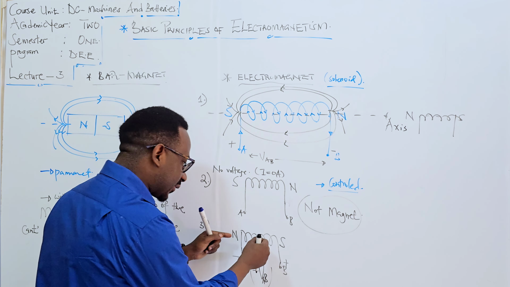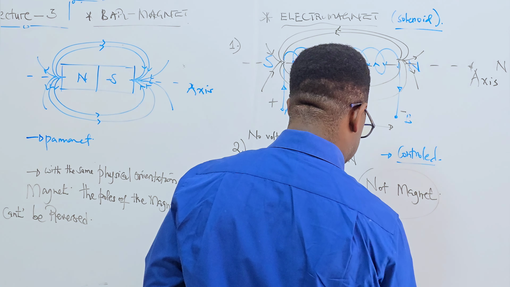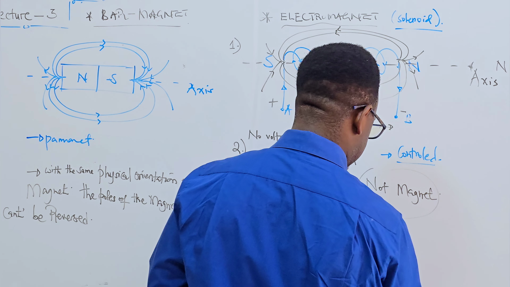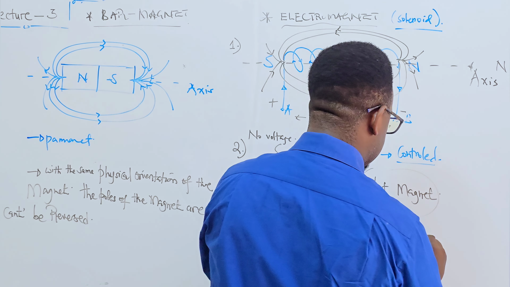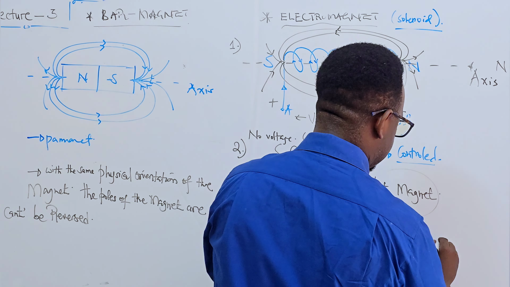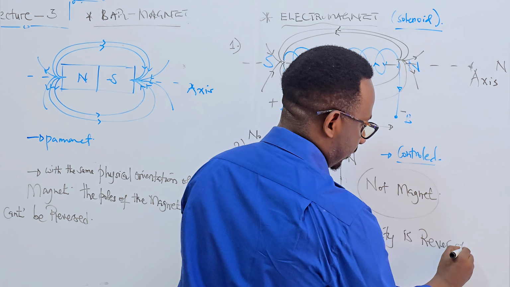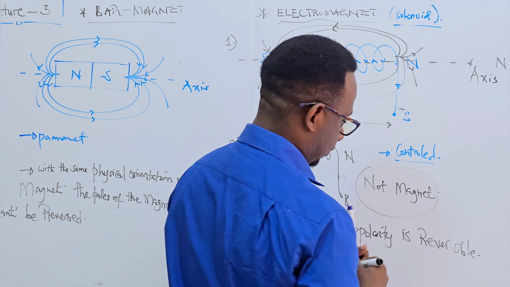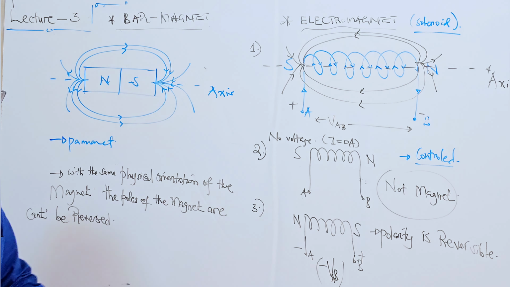Here, with the same orientation, the polarity is reversible. The polarity is reversible by simply reversing the voltage.